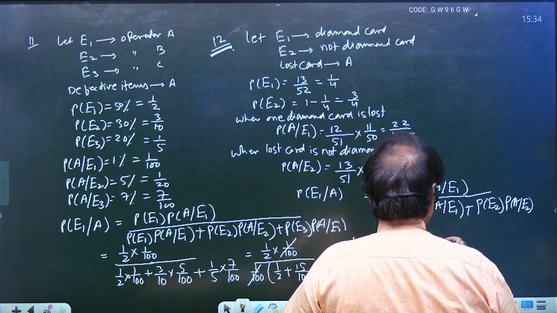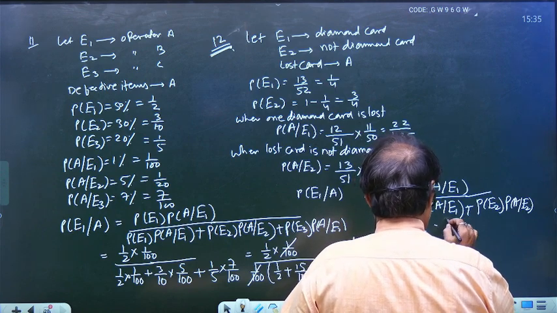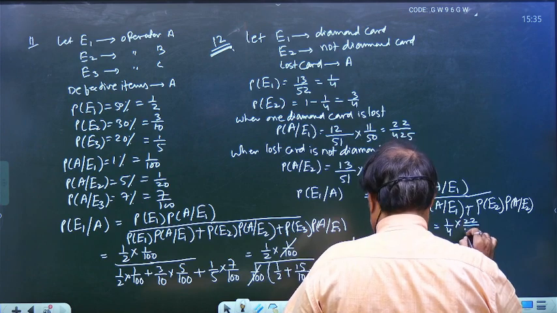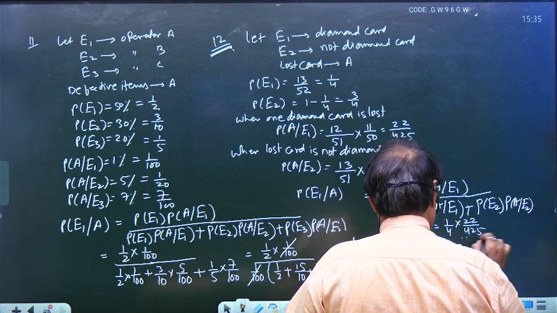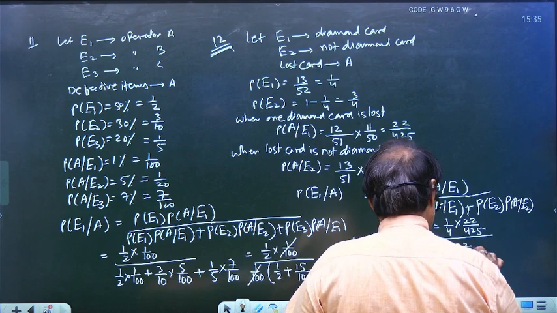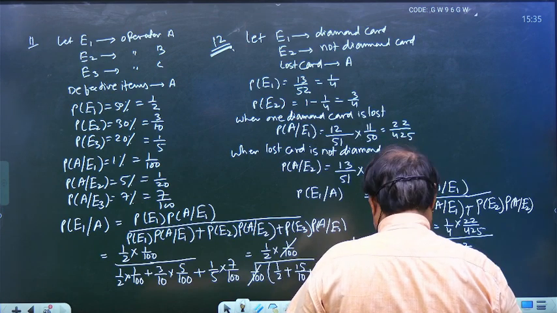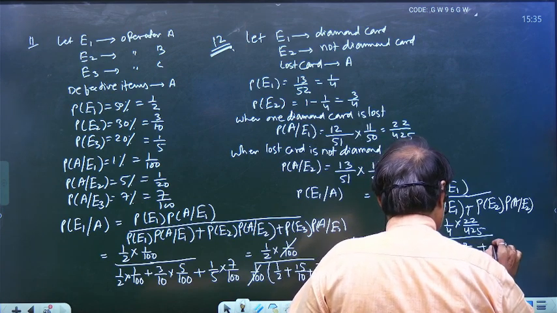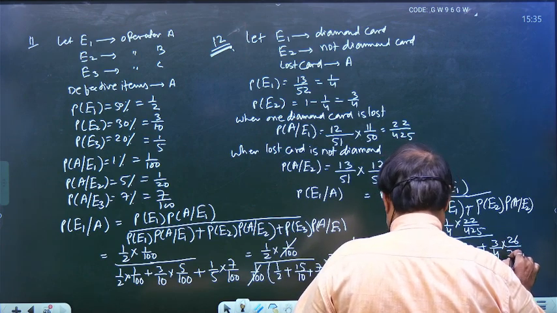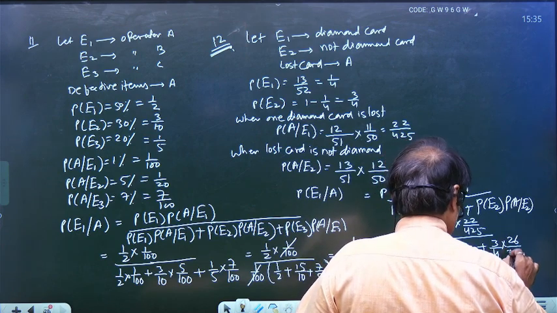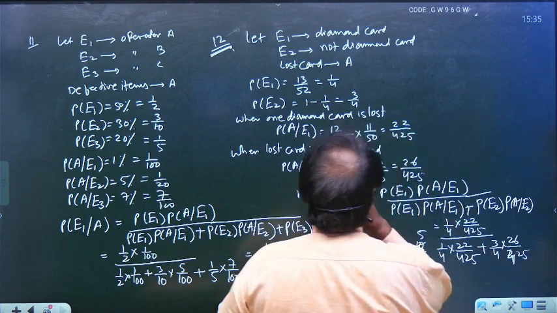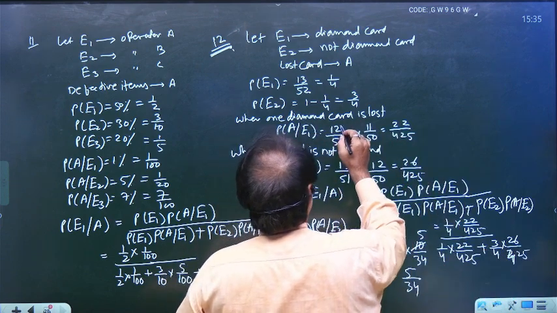So the values are 1 by 4 into 22 upon 425 divided by 1 by 4 into 22 upon 425 plus 3 by 4 into 26 upon 425. Okay, if you want to show the cancellation, then you show the cancellation.